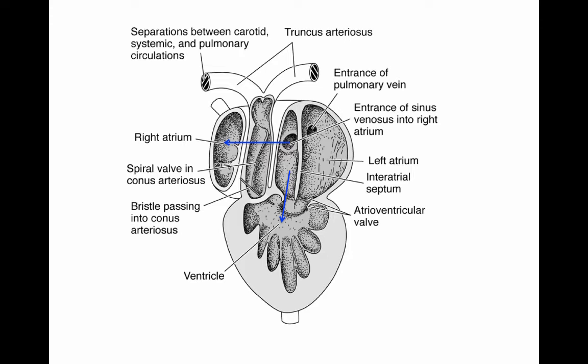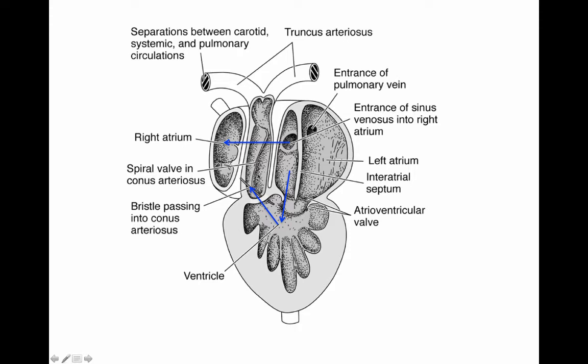Then the atrium is going to contract while the ventricle expands, drawing the blood from the right atrium down into the ventricle. Then when the ventricle contracts, that's going to force the blood from the ventricle into the conus arteriosus.